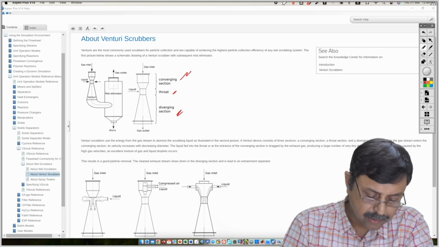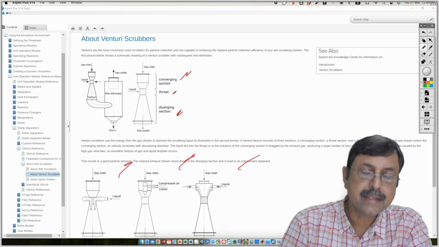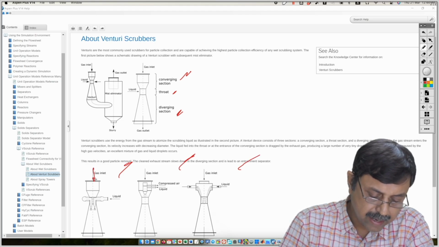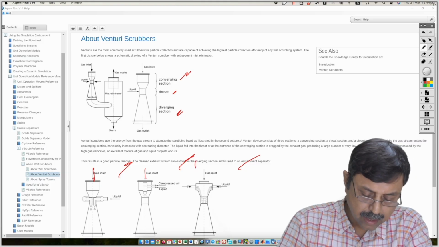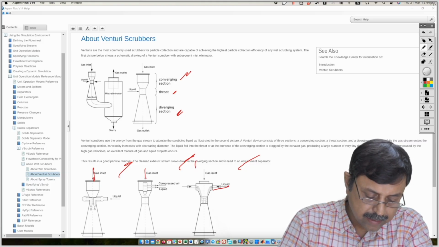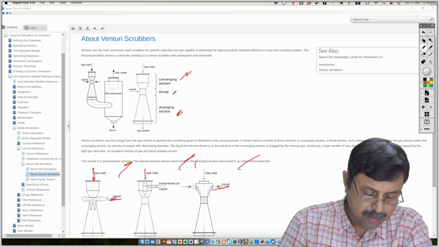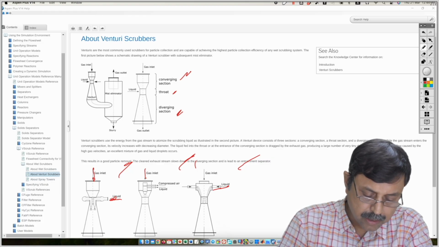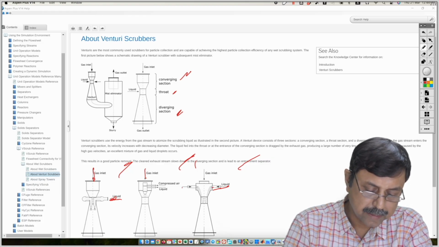It has three configurations. In all the configurations, the gas phase is fed from the top and liquid is fed either at the Venturi throat or somewhere over here.